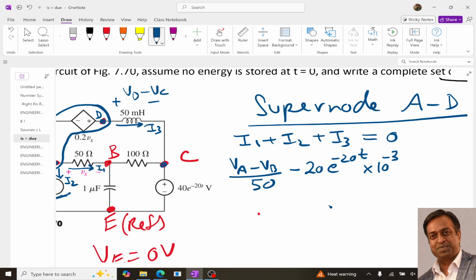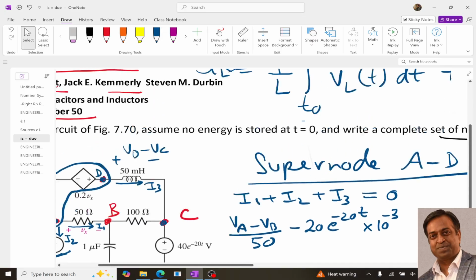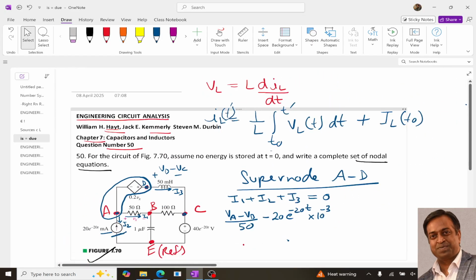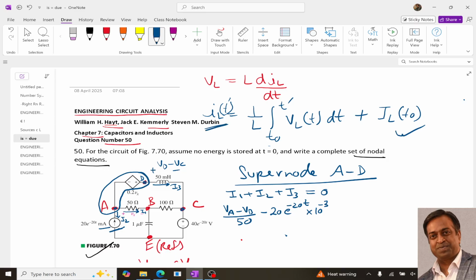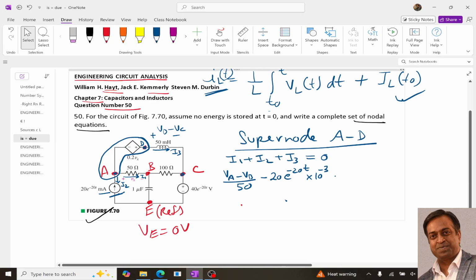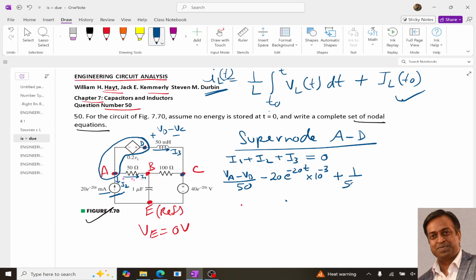So considering this and going to this expression that we have written over here, this one, right? Because we need to determine I3, which is the current flowing through the inductor. So writing this, I am going to write the expression as 1 upon L. L is 50 into 10 power minus 3, right?